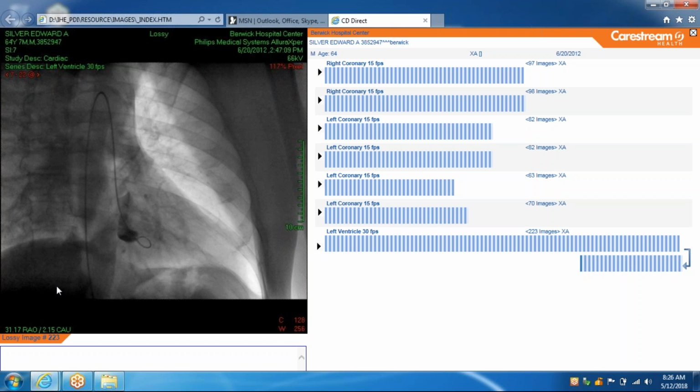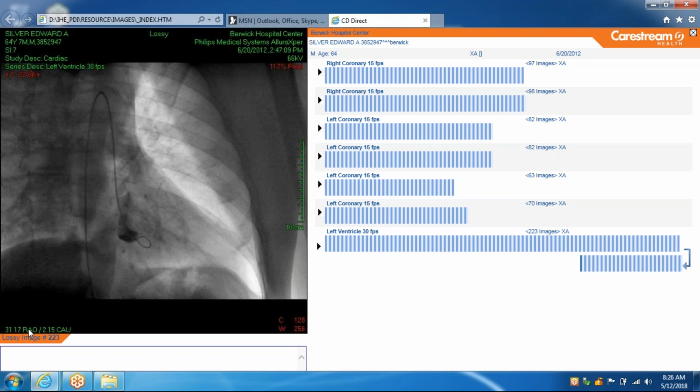Again, you use specific coordinates for this. The best view, or the recommended view, for your left ventriculography is about 30 degrees RAO. Okay, so you can see the coordinates down here. We use 31 RAO, right anterior oblique.